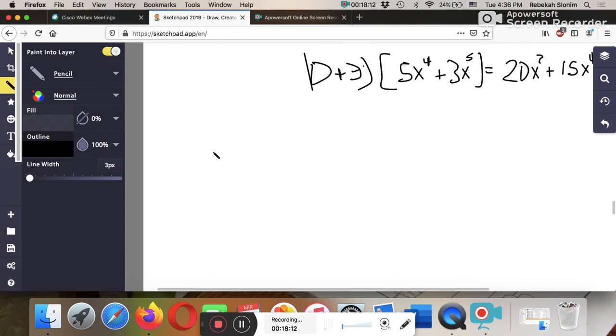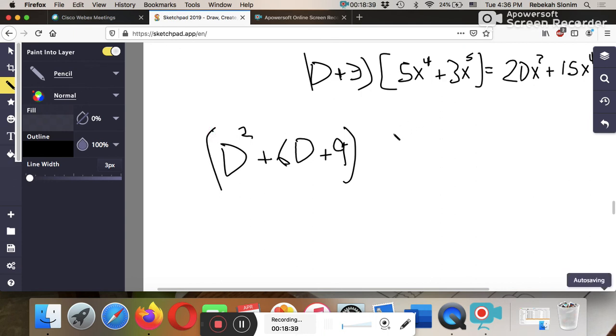On the other hand, if I were to just go ahead and, full steam ahead, say D squared plus 6D plus 9, applied to x to the fifth. What is that? Well, if I take the D squared part, that would be the second derivative of x to the fifth.